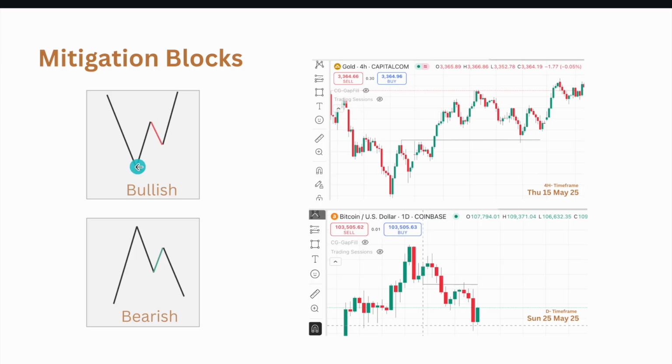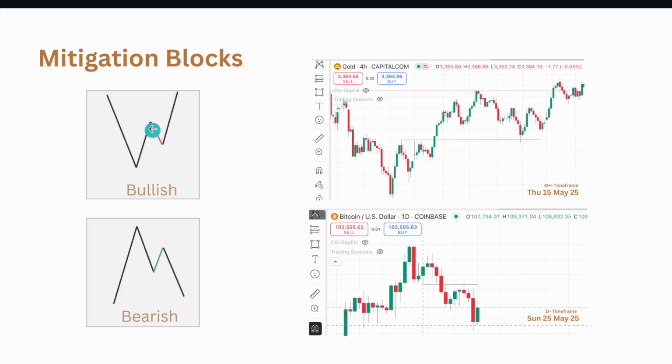In a shortcut we can say this is a W pattern. Some people call it a W pattern as well. So here the price reverses and continues in the bullish direction. In that case, these down candles become the valid order block.